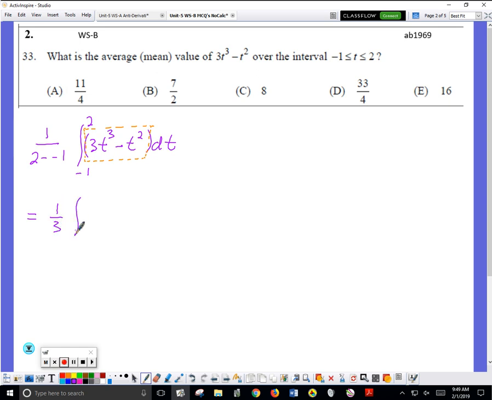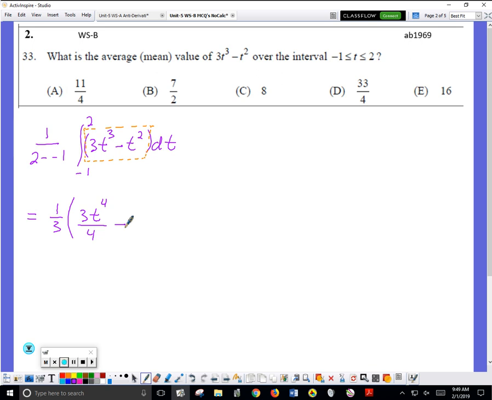Still have an integral? Oh, no, not anymore, because I'm finding the antiderivative. Sorry about that. So the 1/3 gets multiplied by all of it, so I need a parenthesis. And I would have 3 t to the 4th divided by 4. I can show more detail if you need me to. Just wave. Then it's subtract.